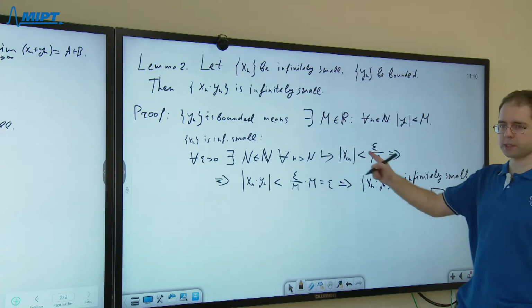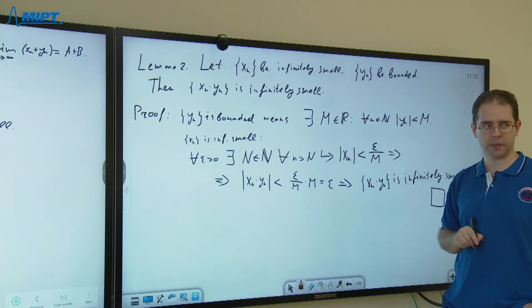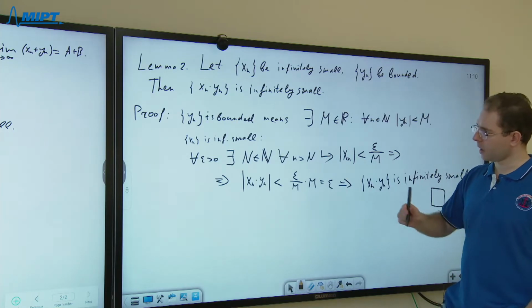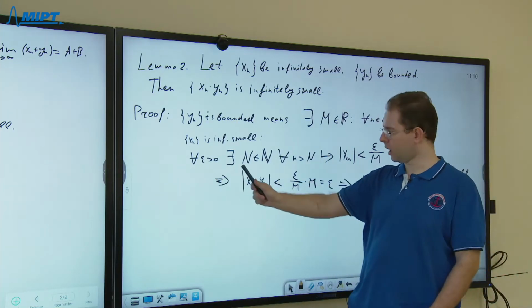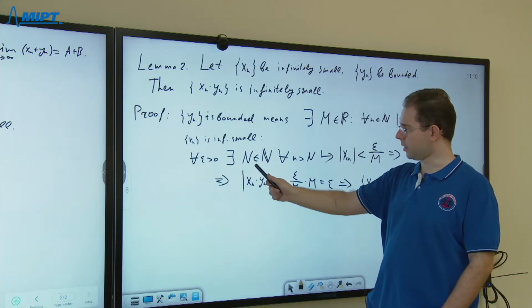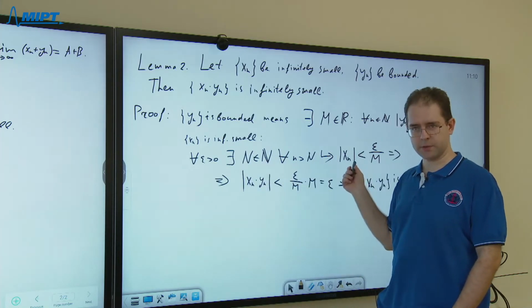Now, let me repeat this explanation. For any positive epsilon, there exists capital N and so on, the definition of the limit.